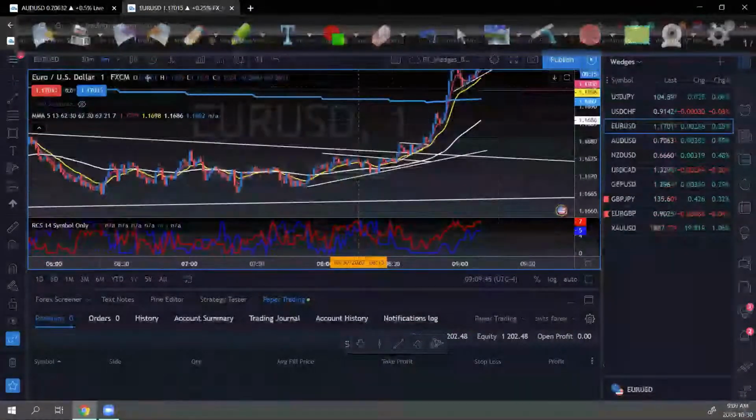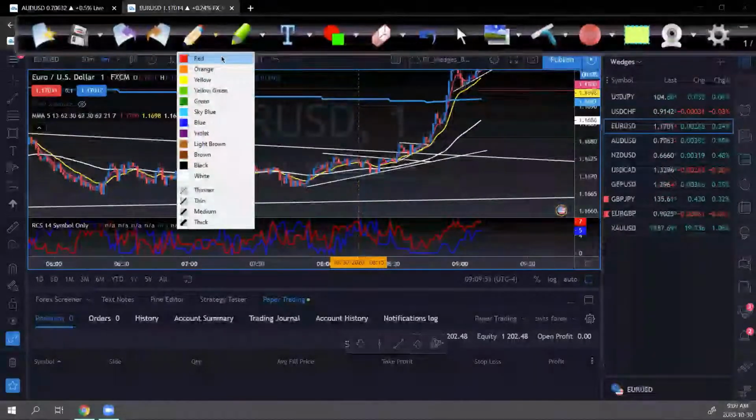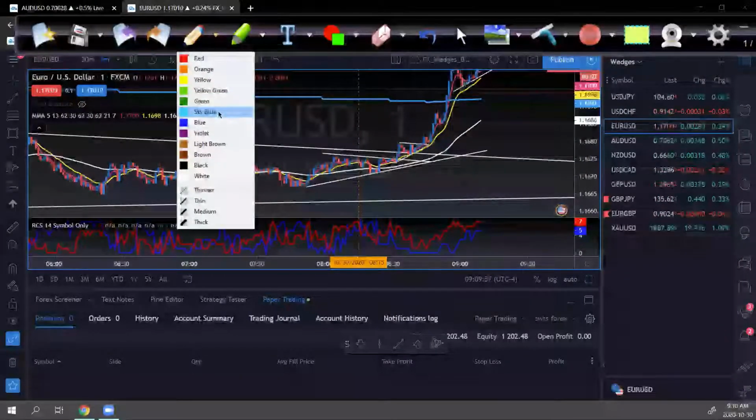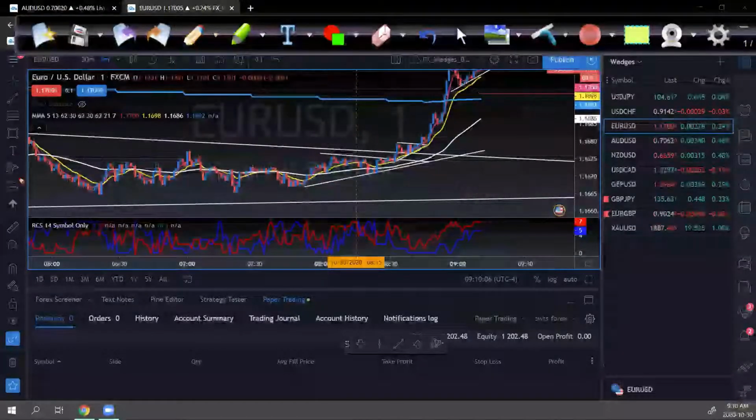I'll make a visual representation. I just want you guys to notice this, and that might help. So the 5, 13, 62 are exponential moving averages. They're really specific. Let's just say they're not random.